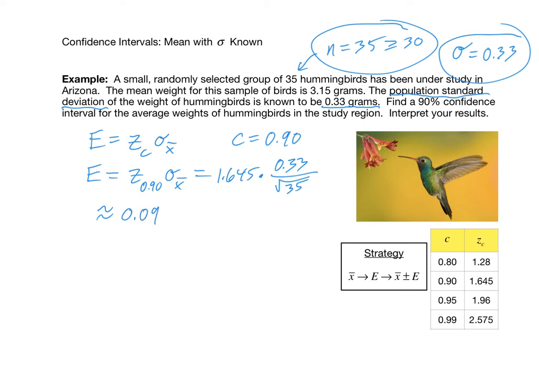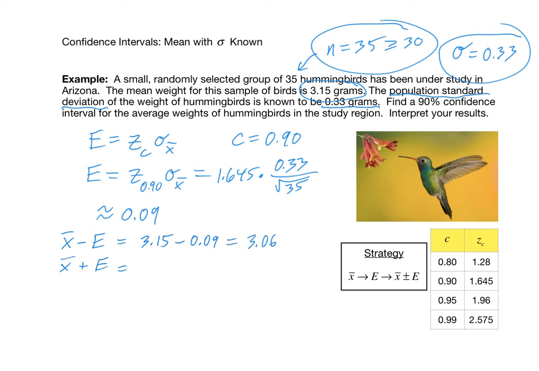We can now form our confidence interval by subtracting E from x bar and adding E to x bar. Well, x bar is 3.15 grams, the mean weight for this sample of birds. So we've got 3.15 minus the margin of error of 0.09 equals 3.06.